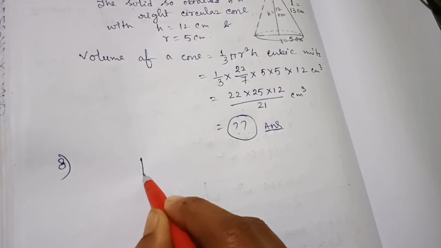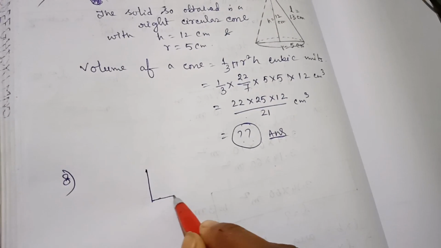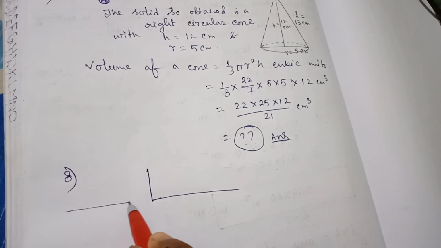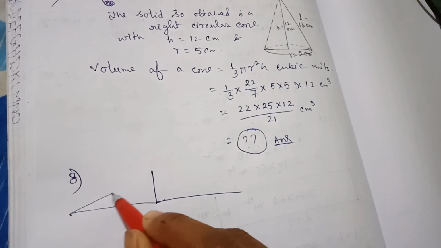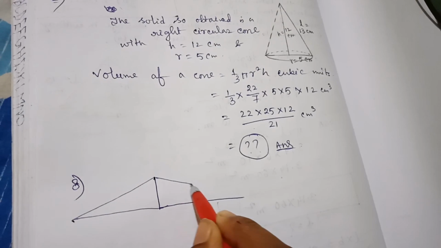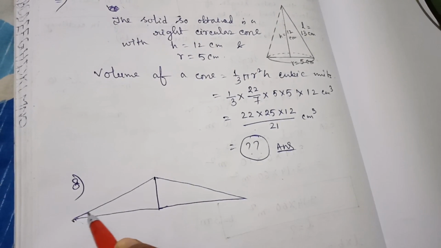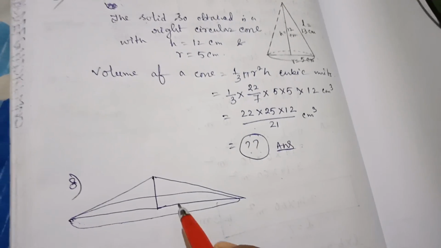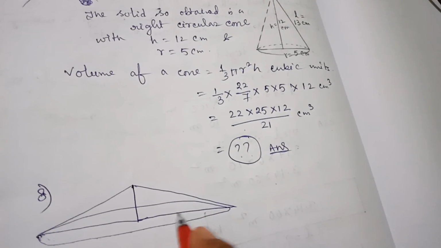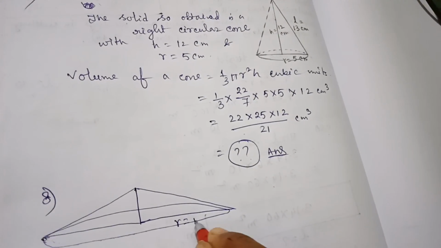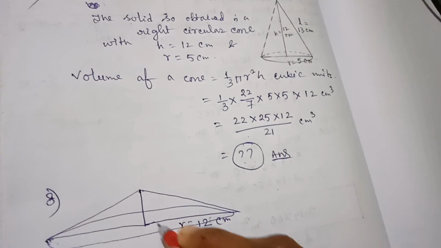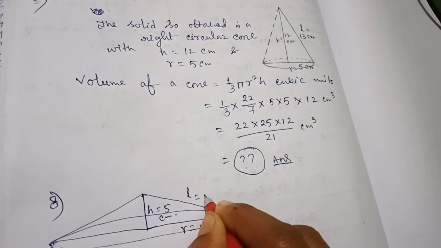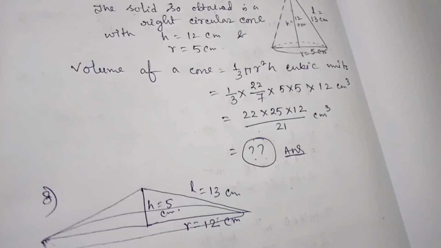So what will be its figure? Its figure I am roughly sketching. Okay, the figure will be like this. I am very bad at drawing any figure. Okay, so this is just a very rough sketch. So now r equals 12 centimeter, h will be 5 centimeter and l, as it is, 13 centimeter.